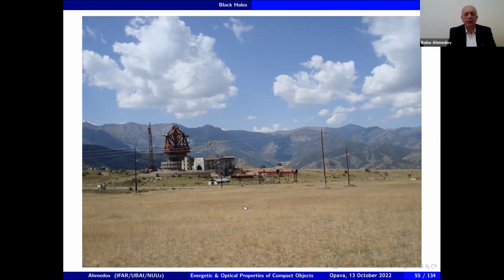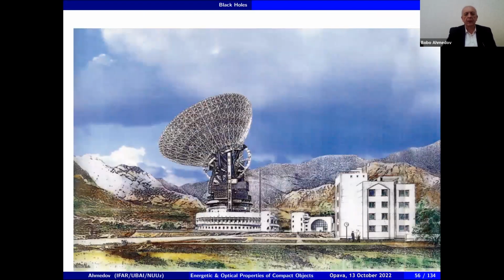It is 2,600 meters above sea level, and there is an intention to mount there 70-meter radio telescopes, which can in future be involved in the observations of the Event Horizon Telescope.